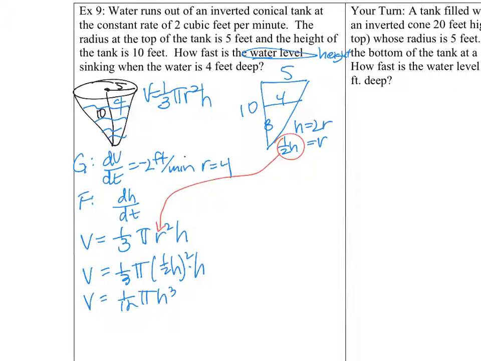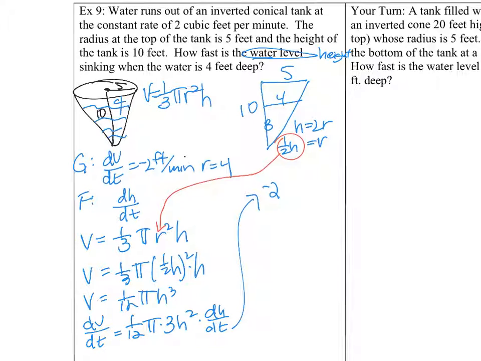Okay, so we've plugged in all the information that we know. Now we're ready to find the derivative. So dV/dt equals 1/12 pi times 3h squared times dh/dt. Okay, so I'll come up here and finish this. We know that dV/dt is -2.